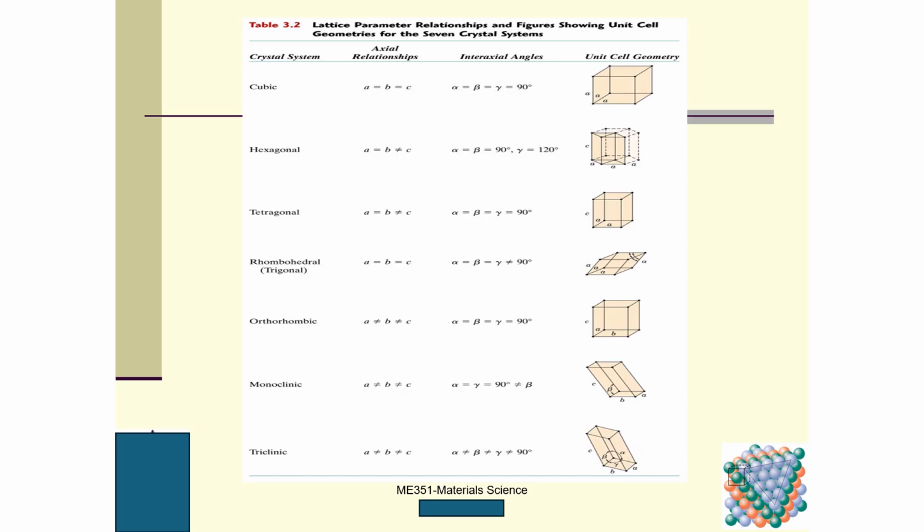For cubic, A equals B equals C, alpha equals beta equals gamma equals 90 degrees. And then hexagonal, tetragonal, trigonal, orthorhombic, monoclinic, and triclinic. So this is 1, 2, 3, 4, 5, 6, 7, the seven crystal structures.